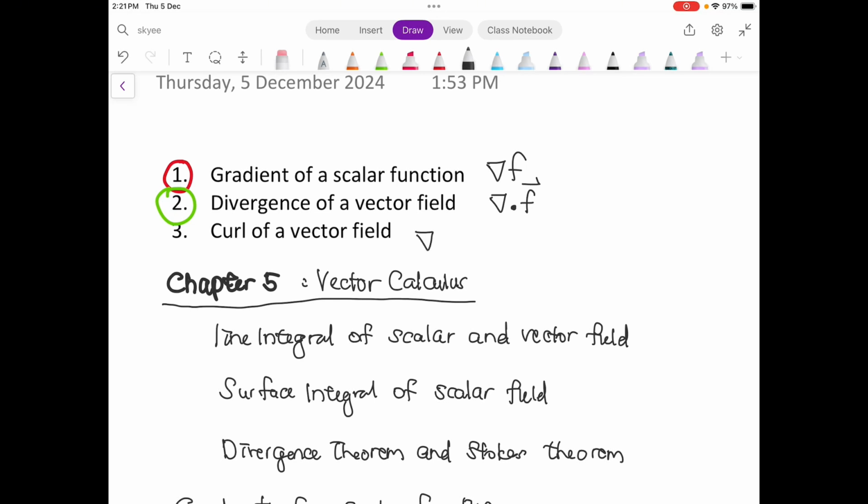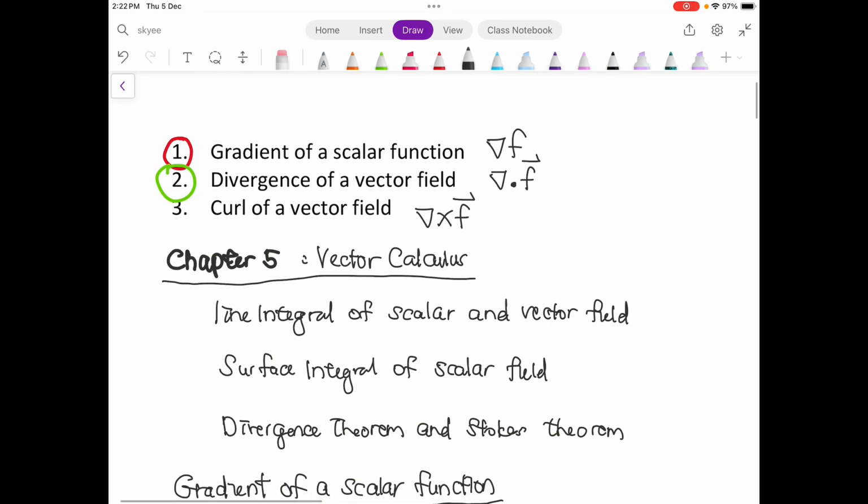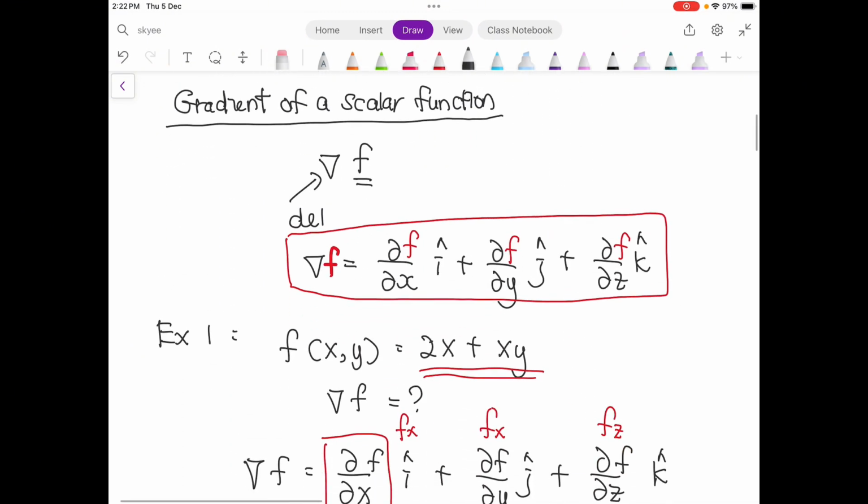For the curl, it will be this. These three represent different meanings. You should be able to differentiate them and apply the suitable and correct formulation in order to calculate them.